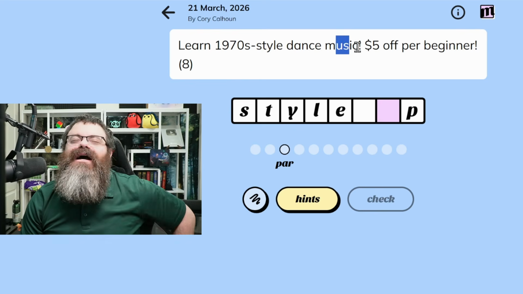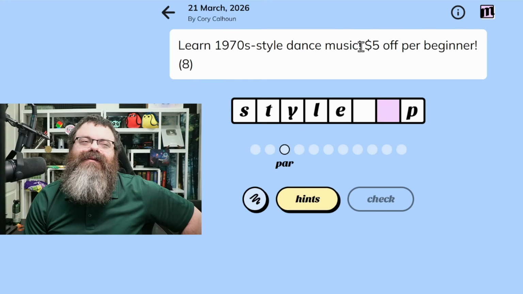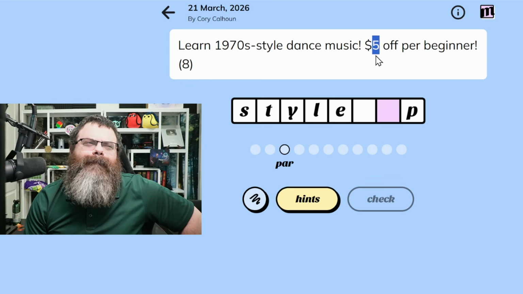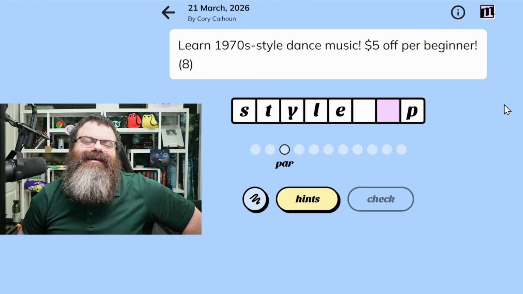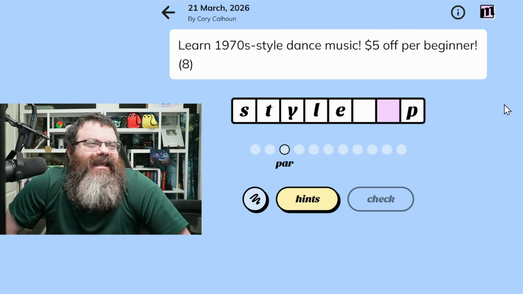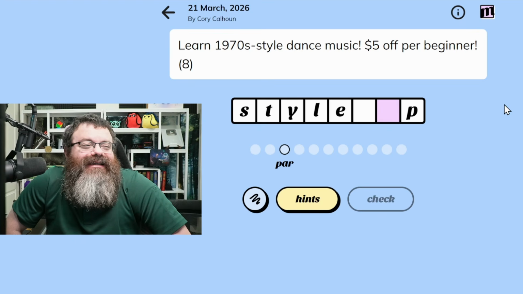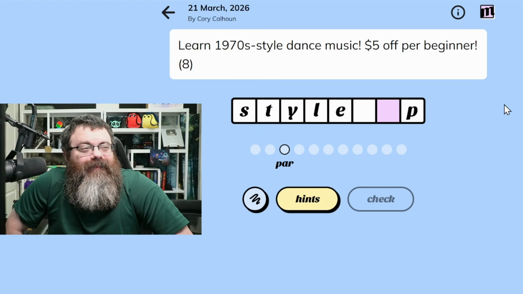Well, 5 in Roman numerals is V. So 5 can always be replaced with V. But there's no V in music. Do I need to think about 1970 in Roman numerals? I really hope not. It's probably LM something.